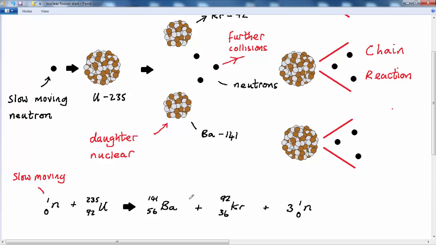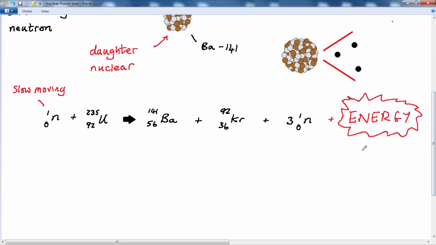Clearly the one thing we want to get out of this reaction is energy, so there's huge amounts of energy released. Typically the standard comparison is that 1 gram of uranium-235 will provide the same amount of energy as 1,000 kilograms, that's 1,000,000 times this mass, of coal.